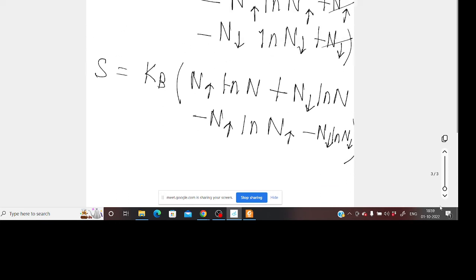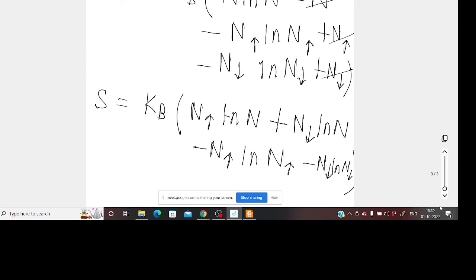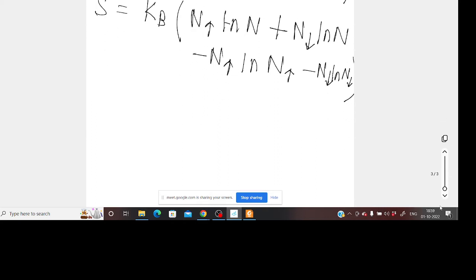So this step is clear. Last line, yes or no? Yes sir. I have just written n equal to n up plus n down. That's all. Nothing else.